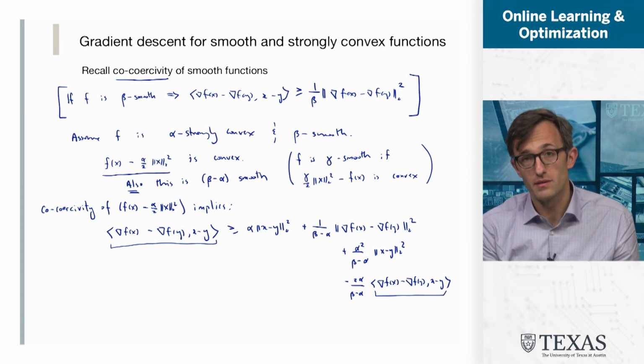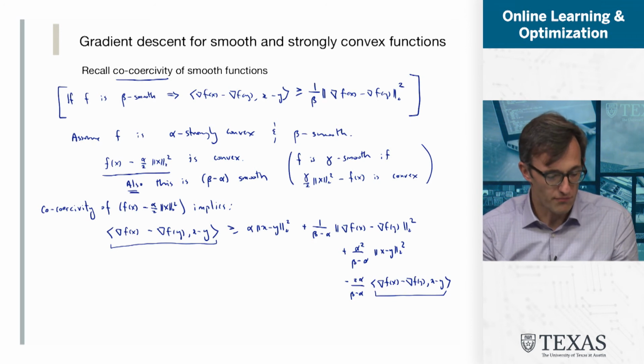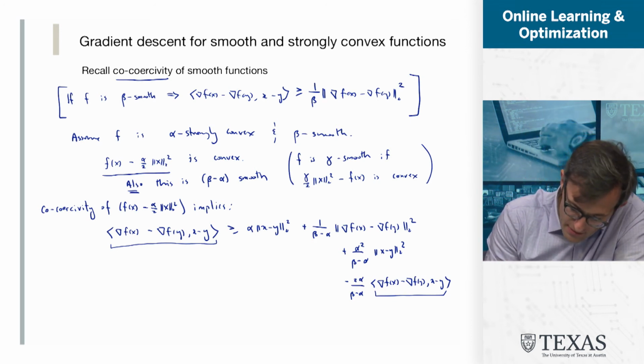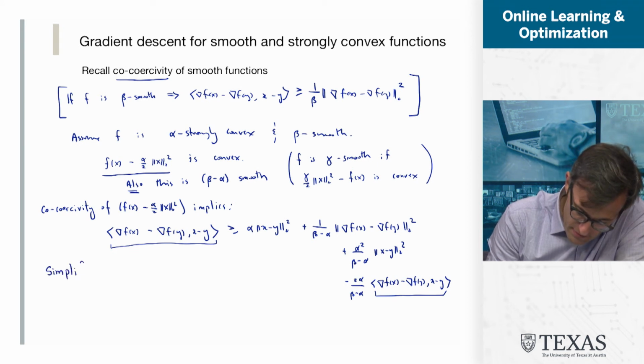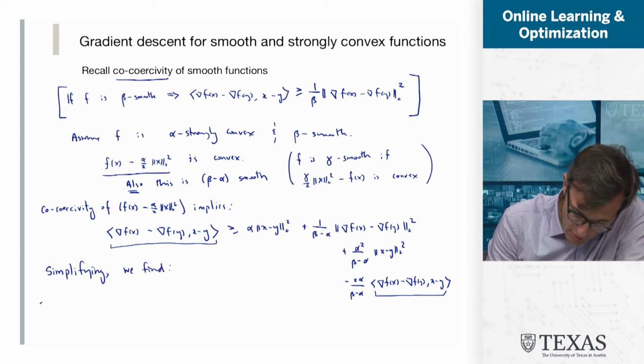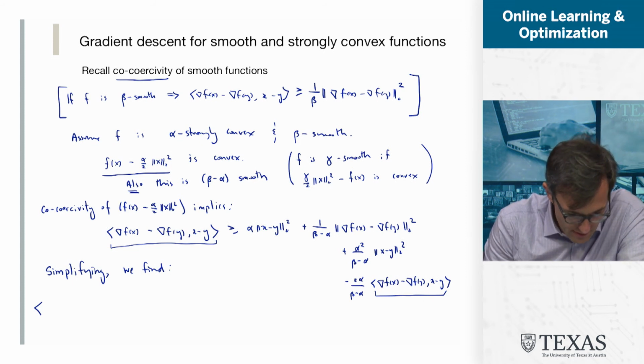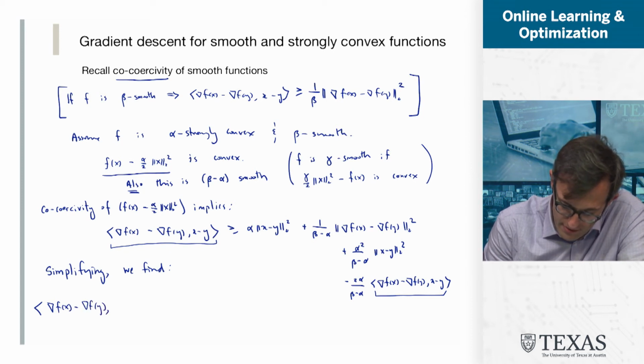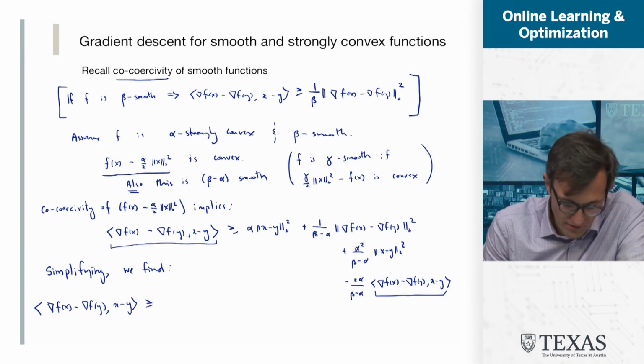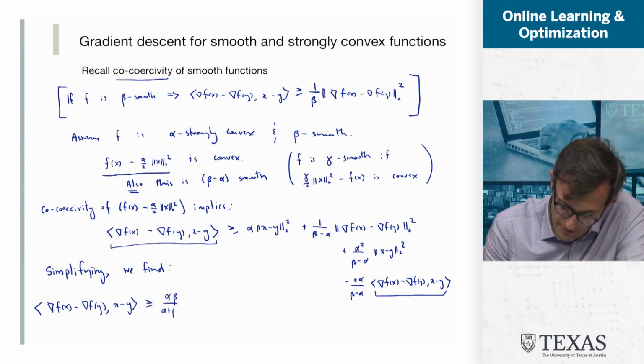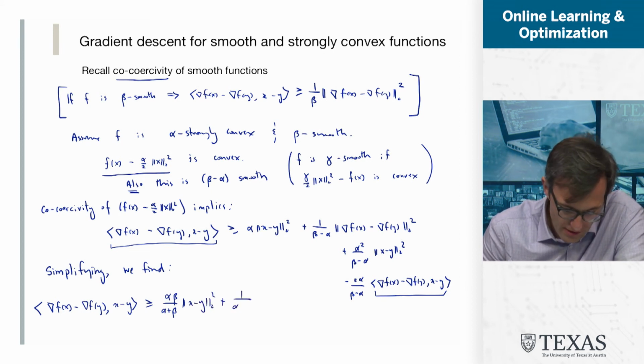If I bring this over to the left, collect terms, and divide through, then I find that, simplifying, co-coercivity implies that the gradient of f of x minus gradient of f of y times x minus y is lower bounded by alpha beta over alpha plus beta times x minus y squared plus 1 over alpha plus beta times the gradient of f of x minus gradient of f of y squared.